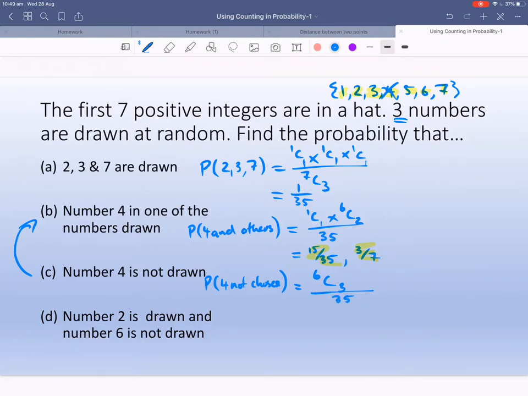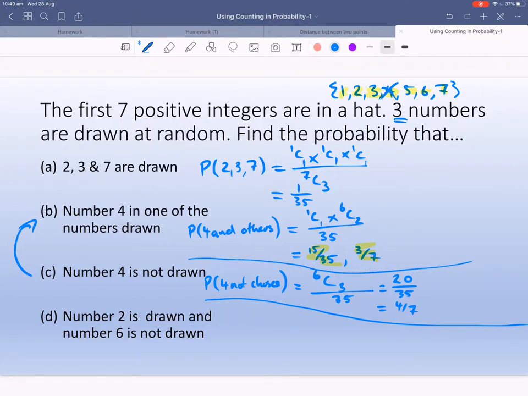So 6 choose 3 equals 20. So it's going to be 20 over 35, which indeed does reduce to 4 over 7. And in actual fact, that calculation we didn't need to do for the reasons I just outlined. So just be aware of that as well.